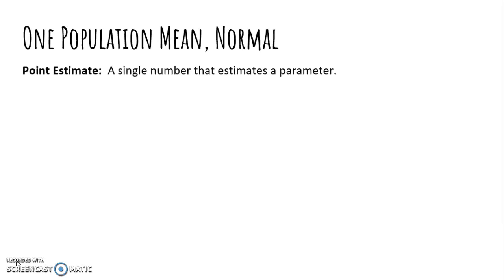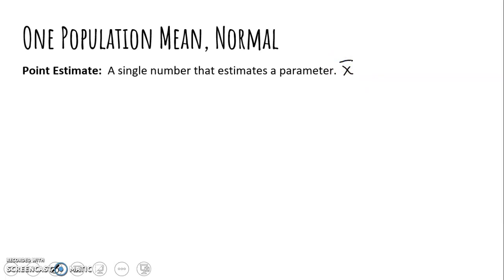So first, some terminology. You're going to hear the words point estimate. You're going to be asked, what is the point estimate? It is a single number that estimates a parameter. So many times what we're going to be estimating is the mean or the proportion.